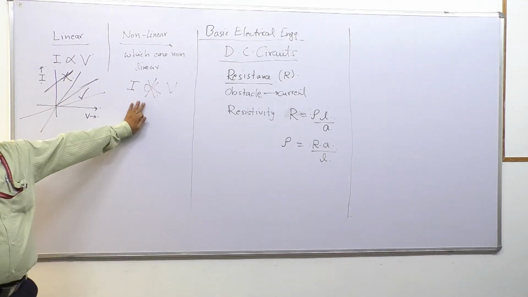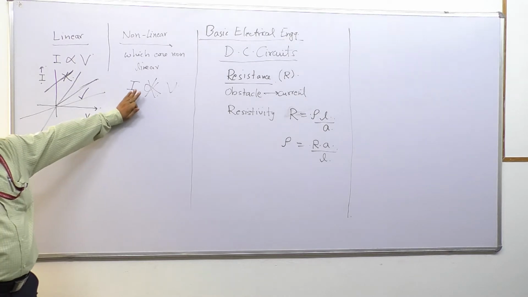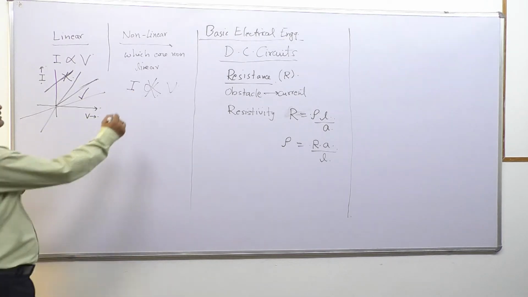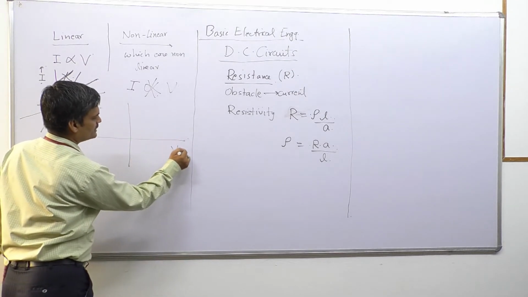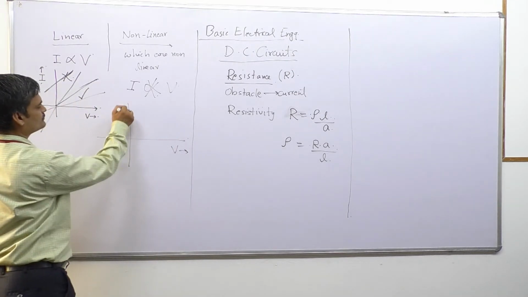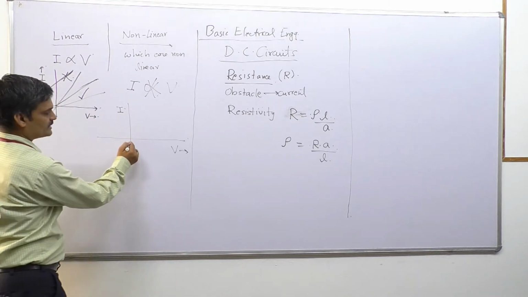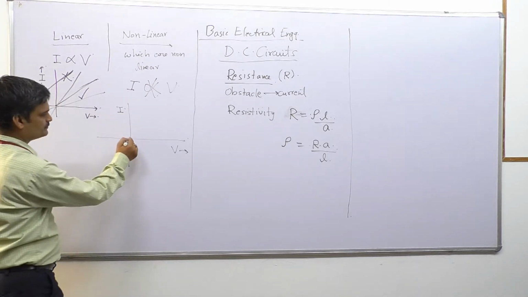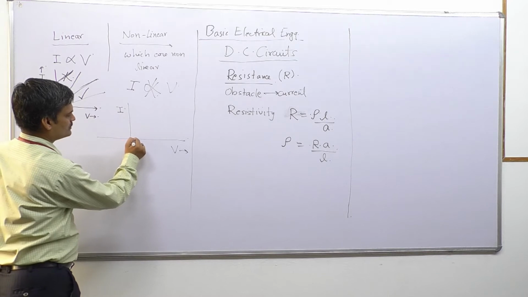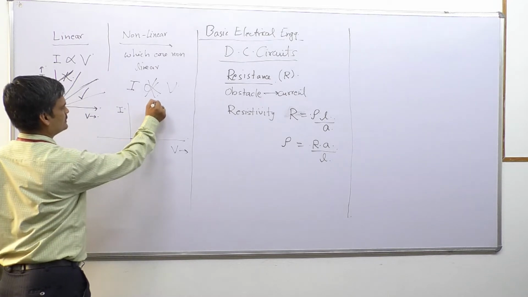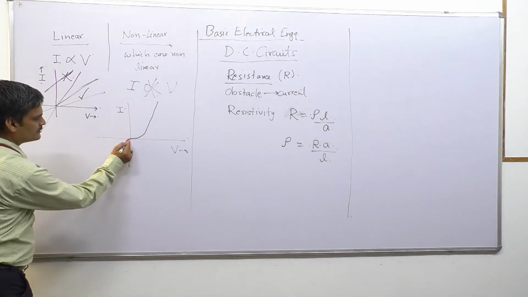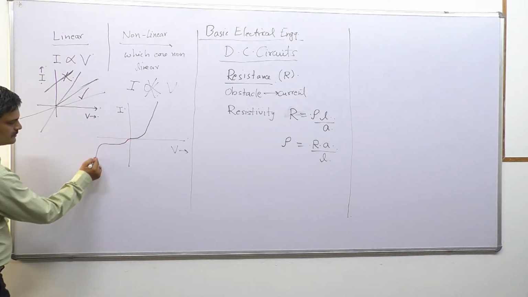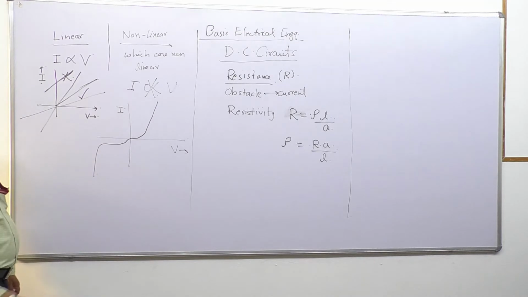These elements don't have a linear characteristic between V and I. For example, let us say V and I. In case of a diode, a diode has somewhat this kind of forward bias characteristics and somewhat this kind of reverse bias characteristics.